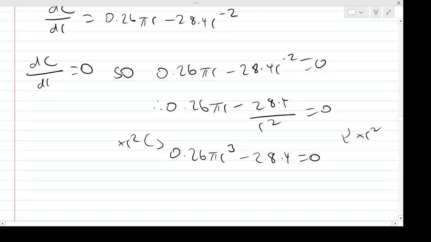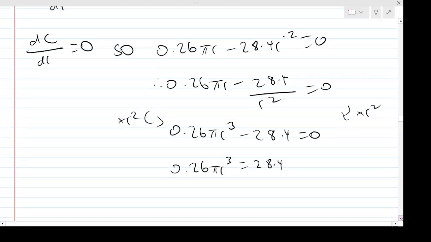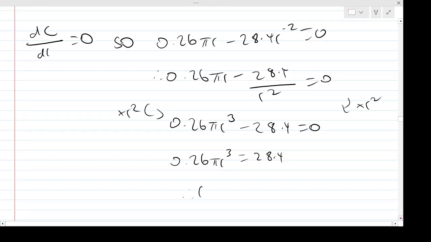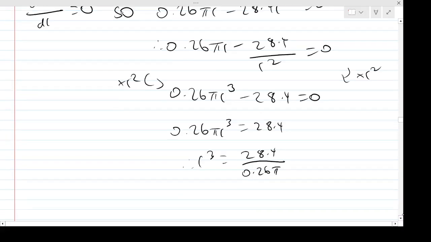Then I can solve for r, so 0.26 pi r cubed equals 28.4. I just divide by 0.26 pi to get r cubed is 28.4 over 0.26 pi. That's not going to be nice. So 28.4 divided by 0.26 pi, yeah, we get a nasty decimal, so I'm going to leave it there.